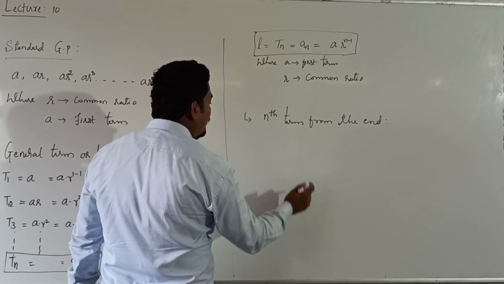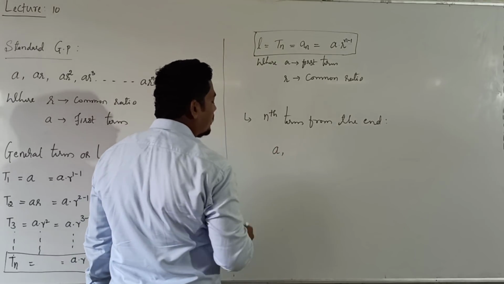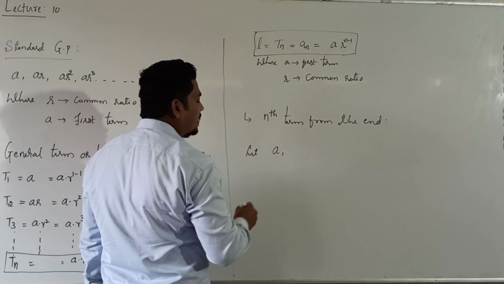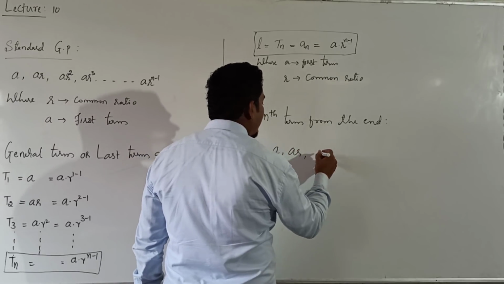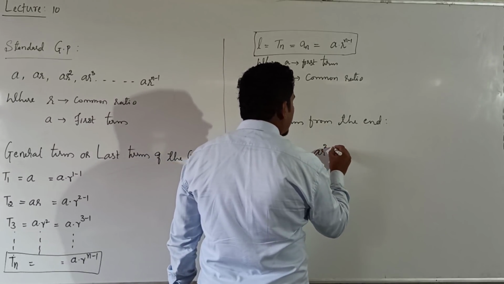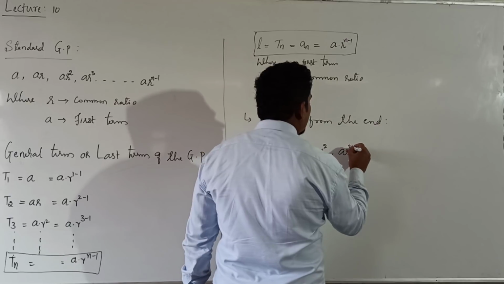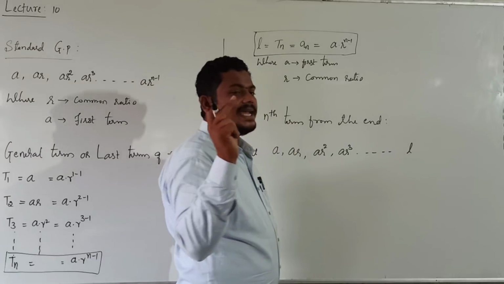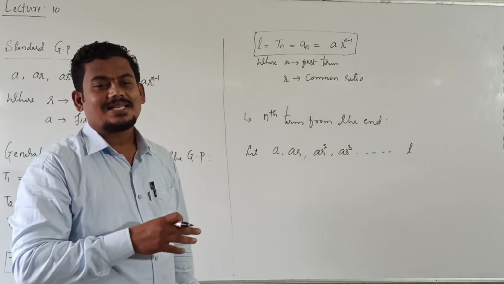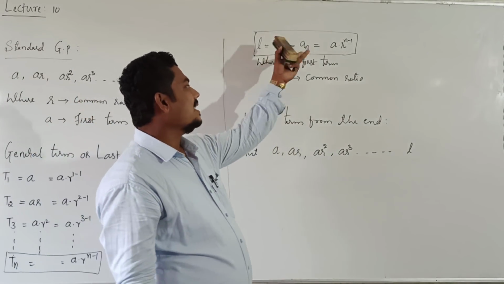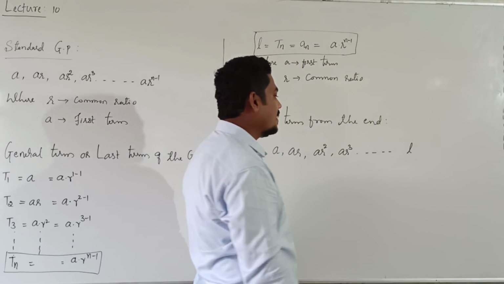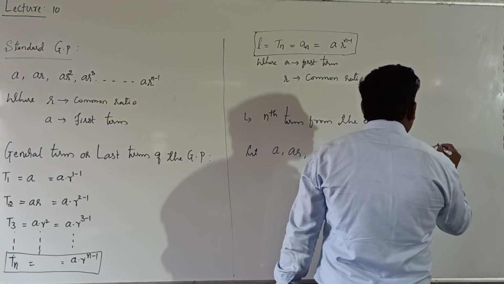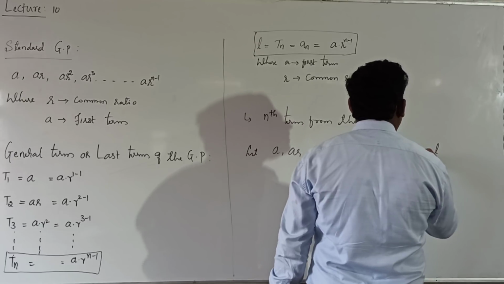What is the standard form of GP? A, AR, A into R square, A into R cube, and so on. Instead of writing A into R power n minus 1, I will write last term as L, because L is same as A into R power n minus 1. Last term is L. Then what is its previous term?